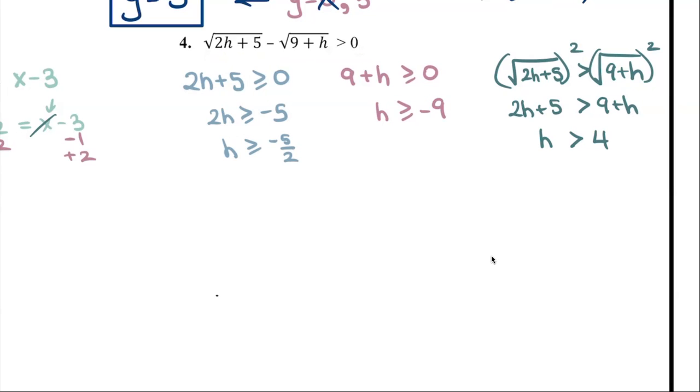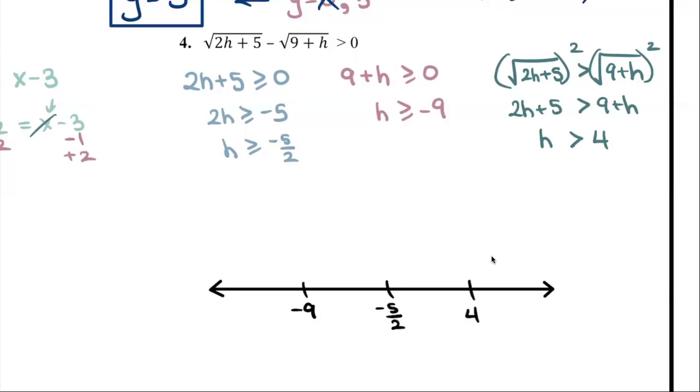All right then, number line time. So let's go ahead and set up our number line. And this time I have 3 marks to make: one at negative 9, one at negative 5 over 2, and one at 4. This first one is at negative 5 over 2, and greater than, so shading to the right.